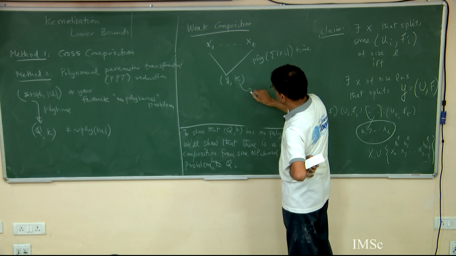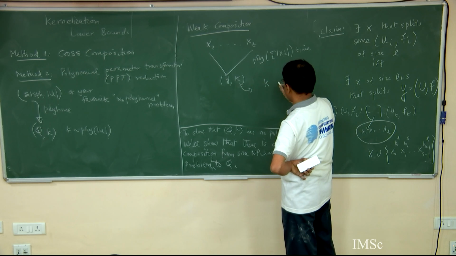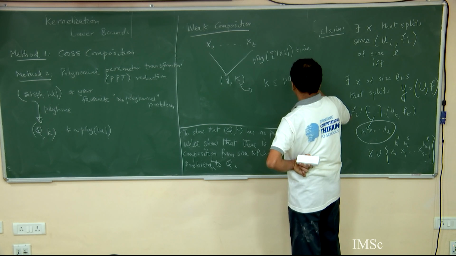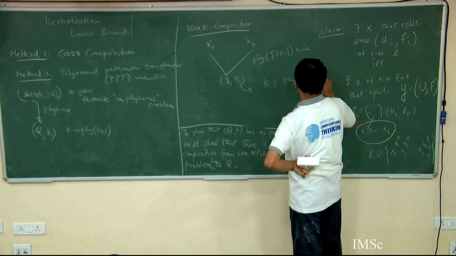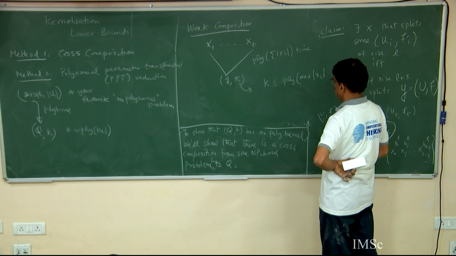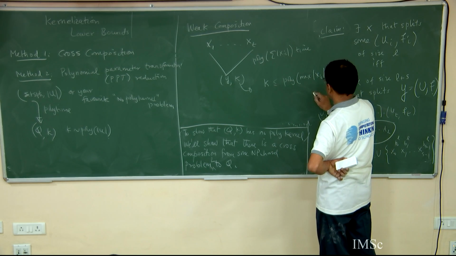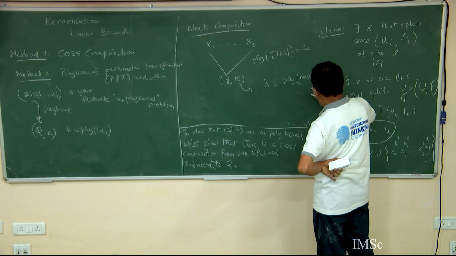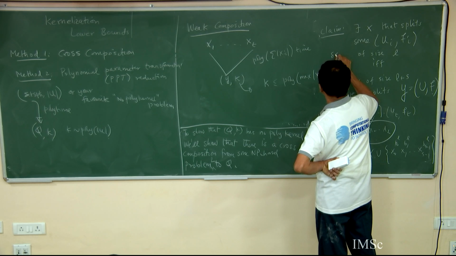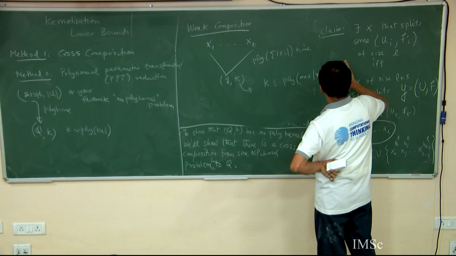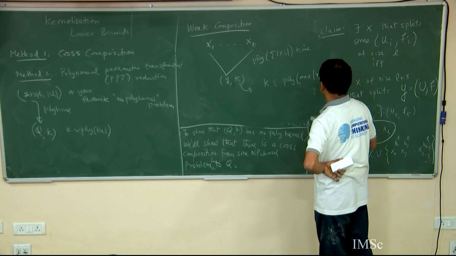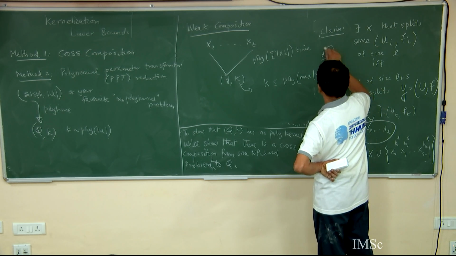Now, I am going to allow k to be poly in max of xi and some t power delta, where delta is less than 1, or let us say t power 1 by d, where d is greater than 1.